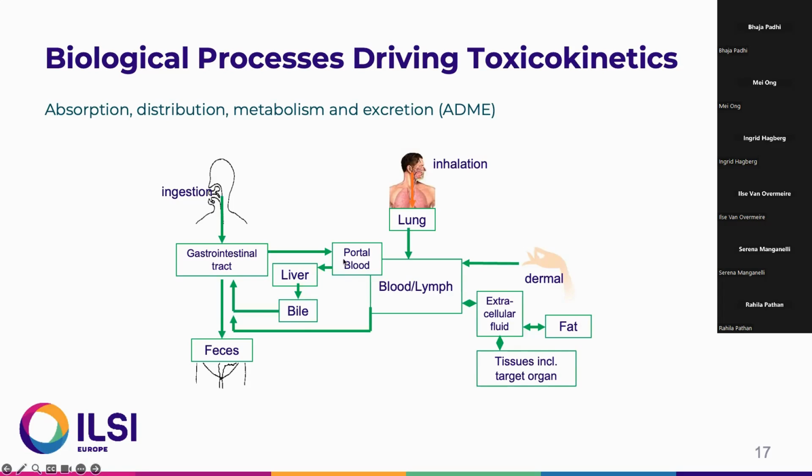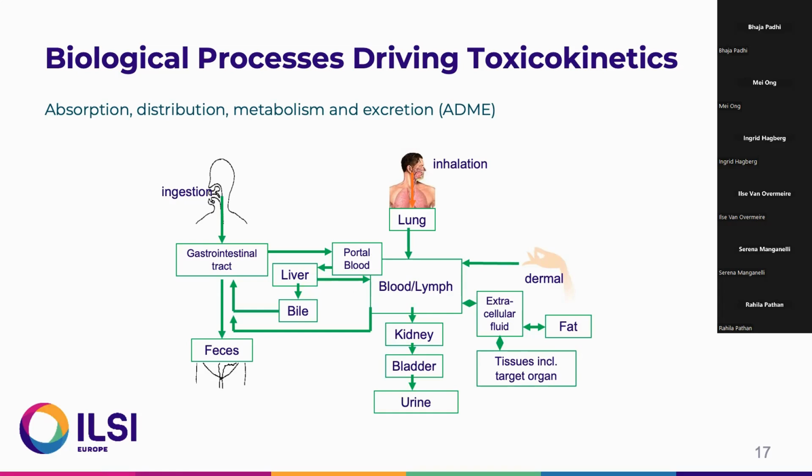If it does get from the portal blood into the liver and go into the general circulation, there it can also be excreted. And usually that can go through urine by passing the kidney into the bladder. So those are major excretion routes, the biliary excretion route and the urinary excretion route.